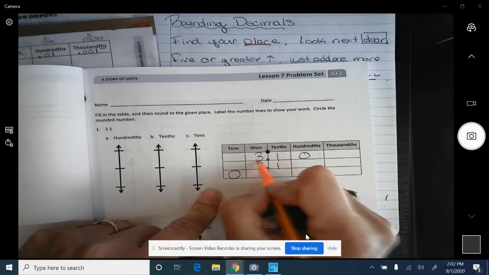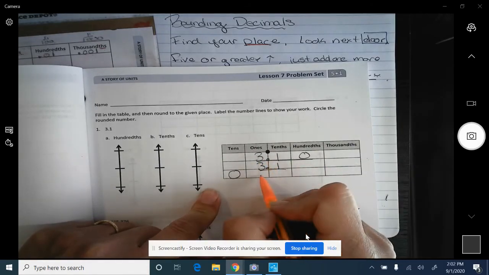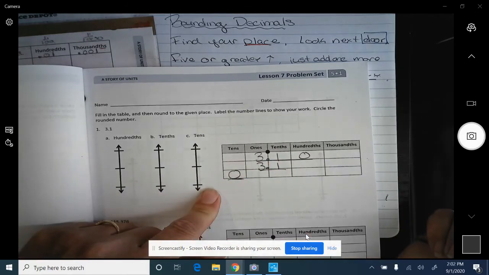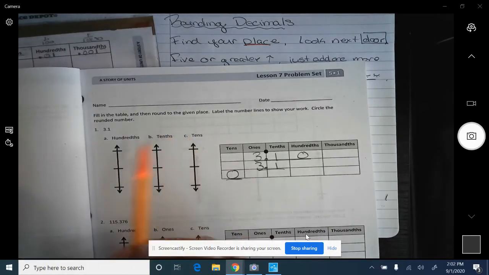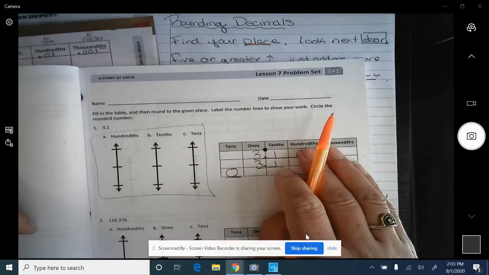So rounded to the nearest hundredths is here. Rounded to the nearest tenths is here. If I had to round to the nearest ones, it would have been 3. But I had to round to the nearest tens. When you meet me in small group, you'll see that I may not have you actually do this part. We'll just do this part.